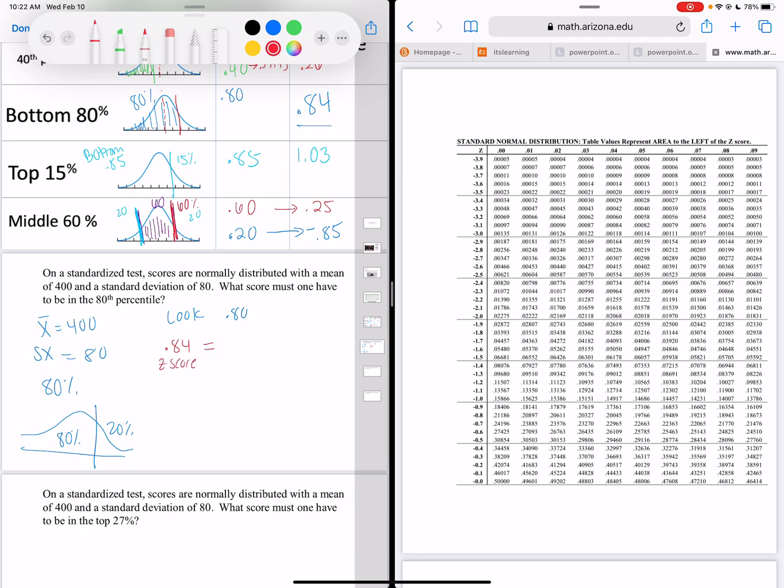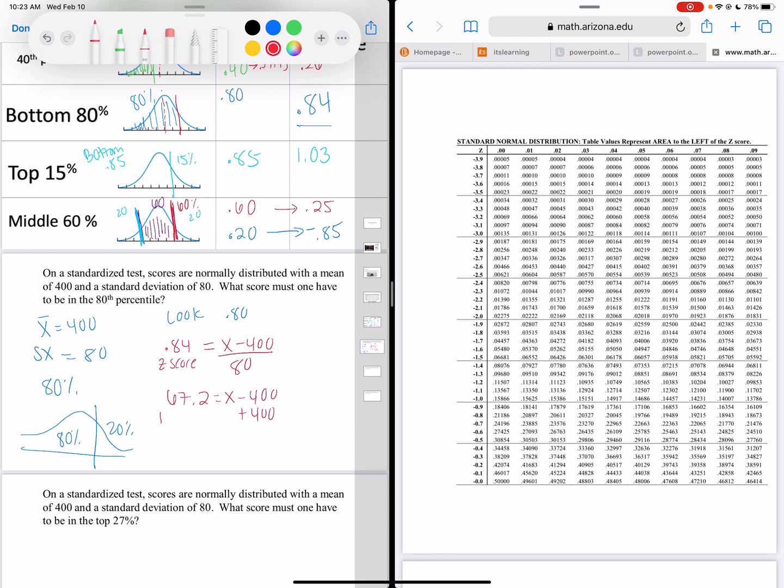And I set that equal to my z-score formula, which is x minus the mean over the standard deviation, which is 80. And then from here, all I have to do is algebraically work backwards in order to solve for that performance value. So I multiply 0.84 by 80. That's going to give me 67.2 equals x minus 400.